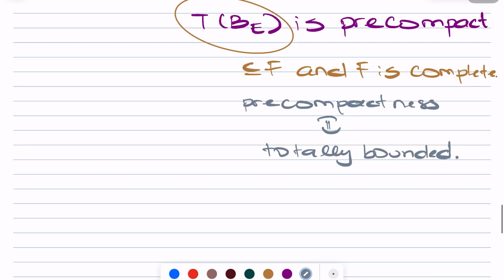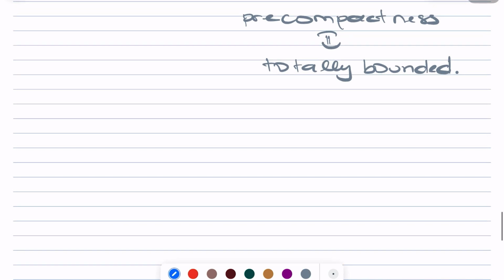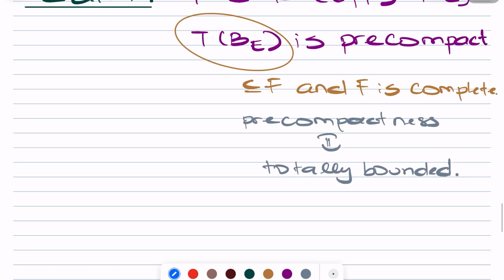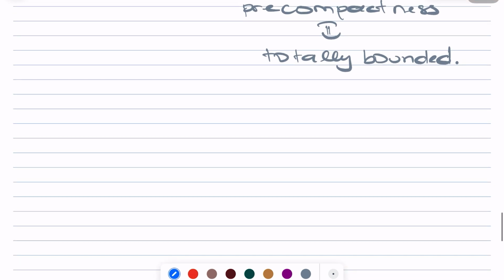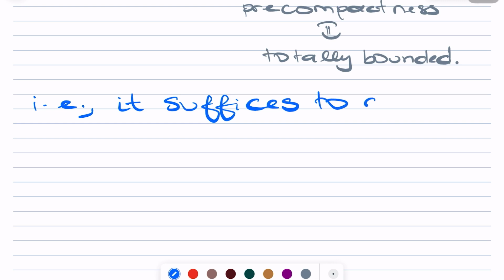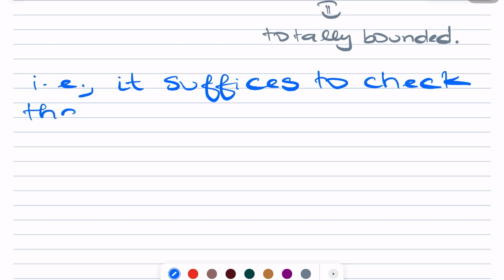So for us to show that the image of the closed unit ball is pre-compact, it suffices to take that the image of the closed unit ball via T is totally bounded.